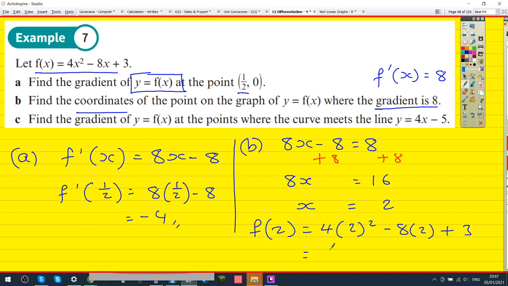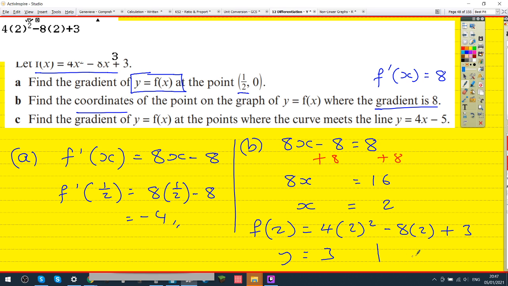And so that is 3. And so the coordinates of where the gradient is 8? 2, 3. Well done. X is 2, y is 3. Great. I'll come back to part C later, I think.